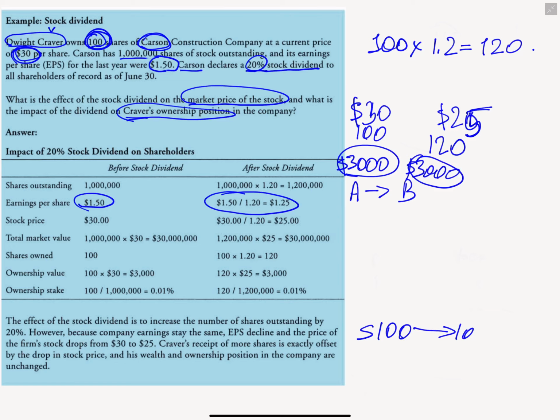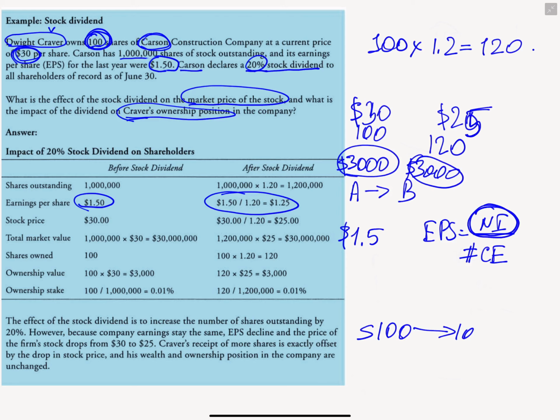So earning per share was $1.5 per share before. The earning per share formula is net income over the number of common equity shares. In earning per share, stock dividends and stock splits don't affect net income.